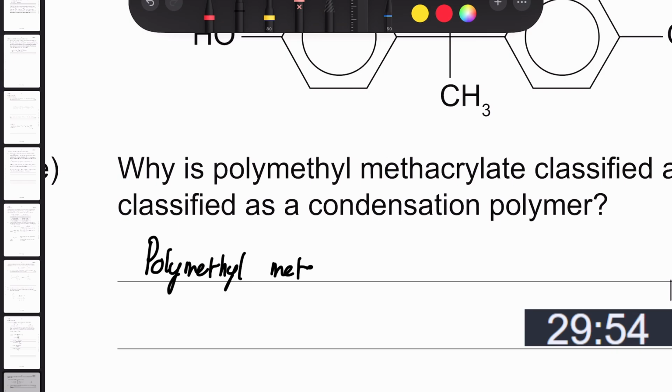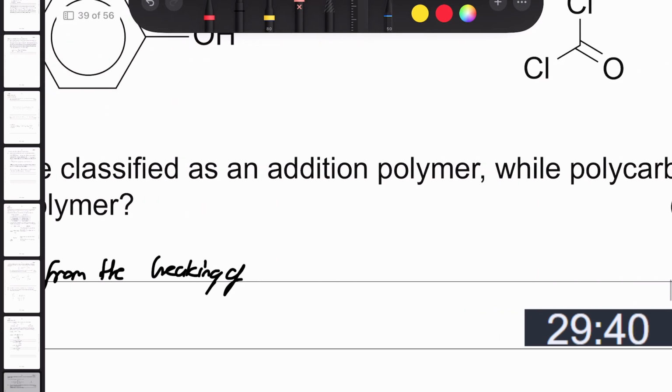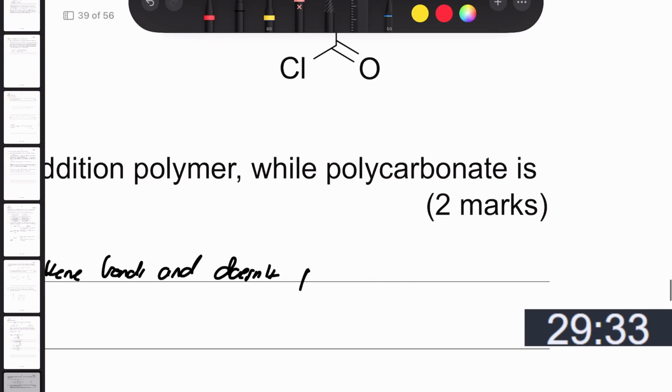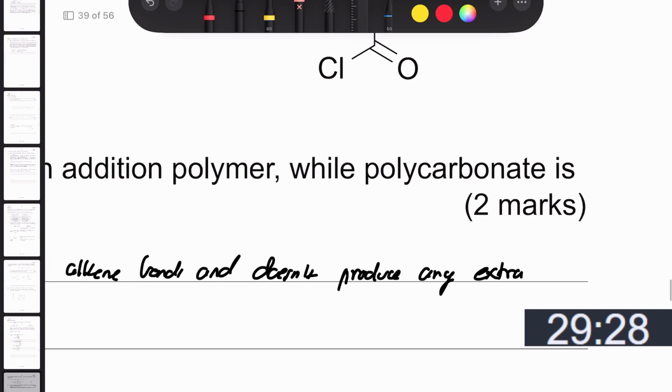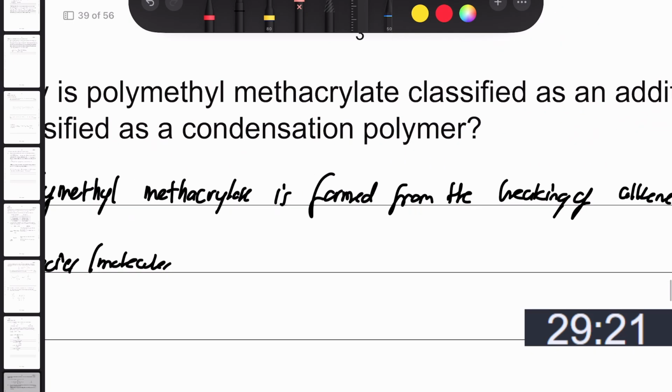Polymethyl methacrylate is formed from the breaking of the double bond and doesn't produce any extra species. Polymerization.